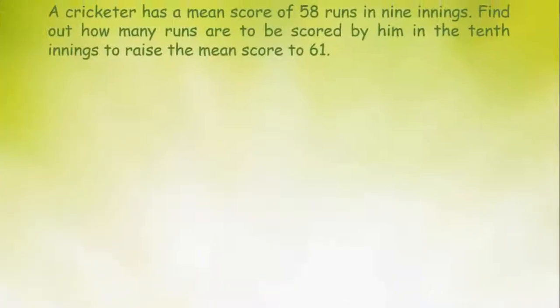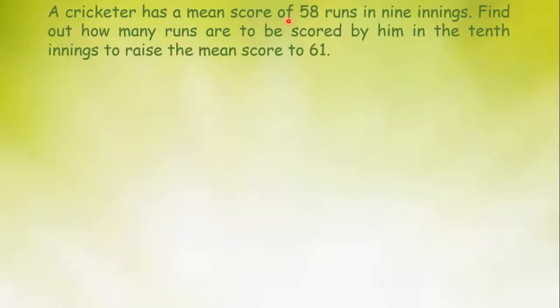Another question. A cricketer has a mean score of 58 runs in 9 innings. Find out how many runs are to be scored by him in the 10th innings to raise the mean score to 61? Read the question once again. Understand the question.